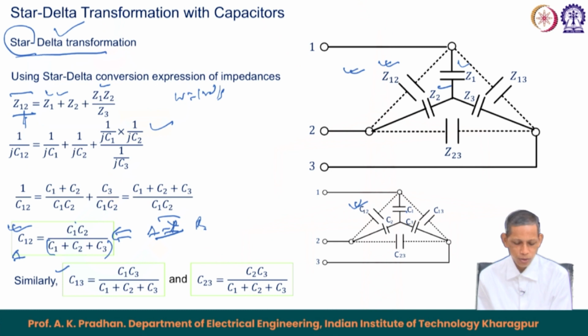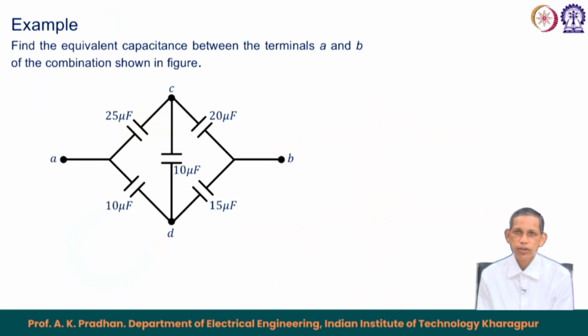Similarly, C13 is C1 C3 upon C1 plus C2 plus C3, and C23 is C2 C3 upon C1 plus C2 plus C3. So, this star delta and delta star relation comes out just the other way around from what we find for resistances or impedances. So, let us have an example.